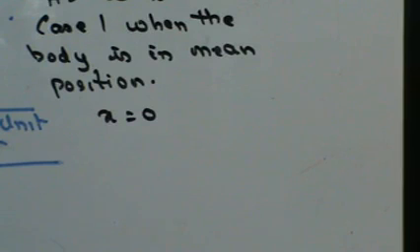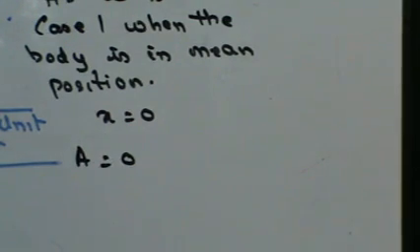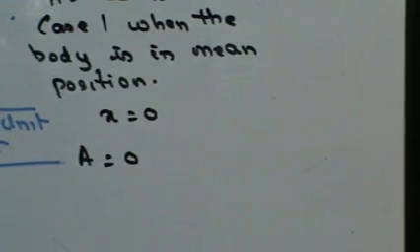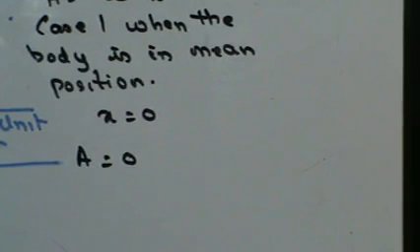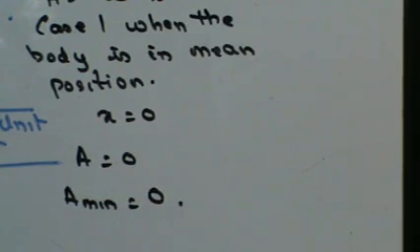The body has not yet started moving, so acceleration will be equal to 0, because minus omega square into 0 will give you 0. Since it is 0, we will call this a min. Minimum acceleration of the body is in mean position. Do we get this clear?